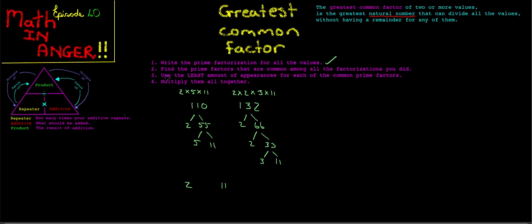So then we find the least amount of appearances for each of the common prime factors. What is the least amount of times that 2 appears? Only once, right? What is the least amount of times that 11 appears? Only once, right? So we did this, here we go. And that gives us 22.